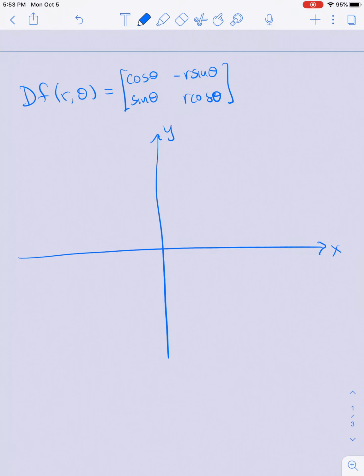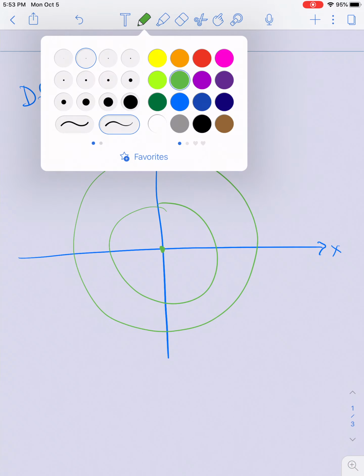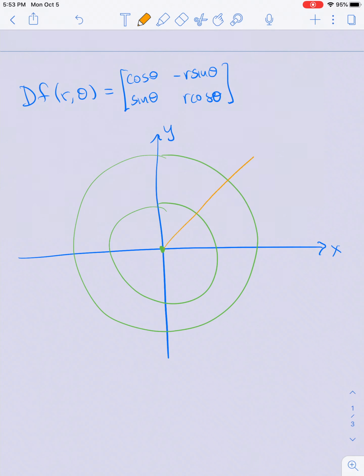I want to draw lines of constant r. So here's r equals 0. Maybe I can think of that circle as r equals 1, r equals 2, pardon my poor drawing. And then I'll draw lines of constant theta. So maybe theta equals pi over 4, theta equals 5 pi over 6, random values of theta.